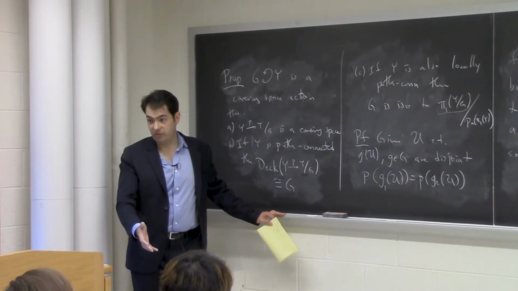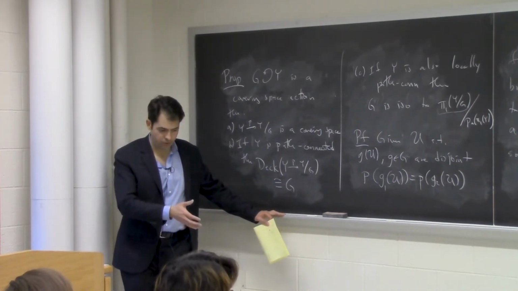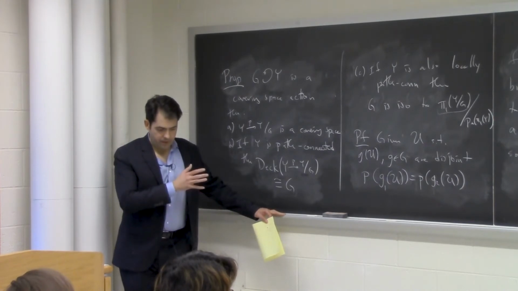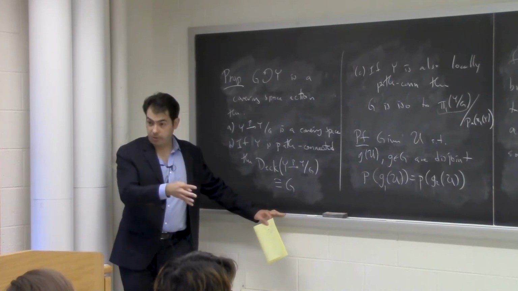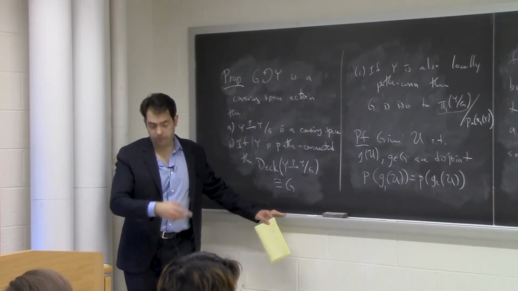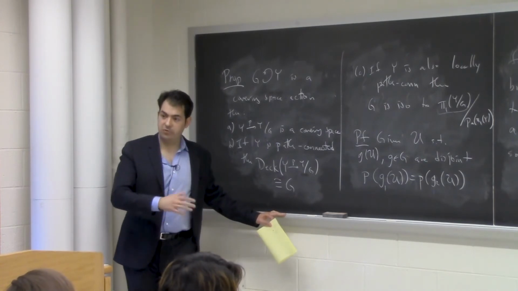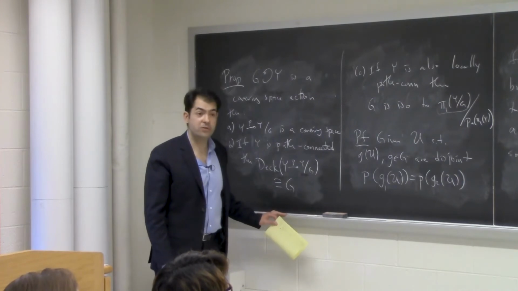So the answer is yes, but it's something we've already done. And we've done it in a couple of different ways, because you could also start with the space downstairs and the fiber and the action you want to have on the fiber. And then we saw that for well-behaved spaces, that determines a covering. Okay, more questions?